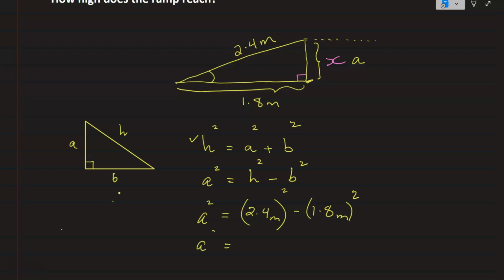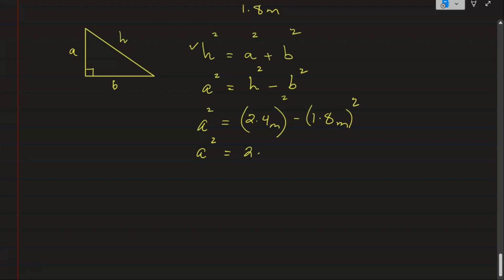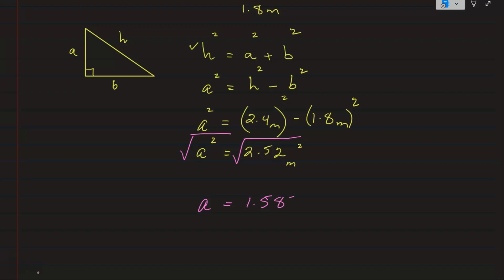So A squared equals 2.52, but we don't want A squared, we want A. So you have to take the square root of both sides. And when you do that, A will be approximately 1.5874 meters. I leave it to 4 decimal places. This is still an approximation, but it's actually 75 meters.